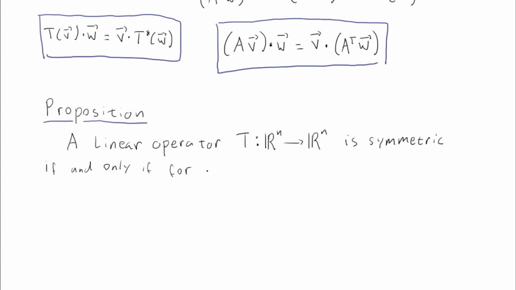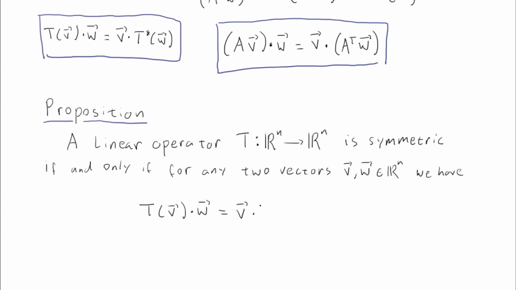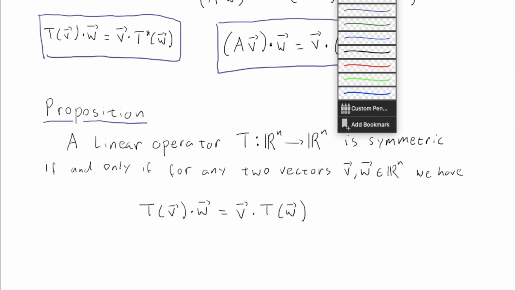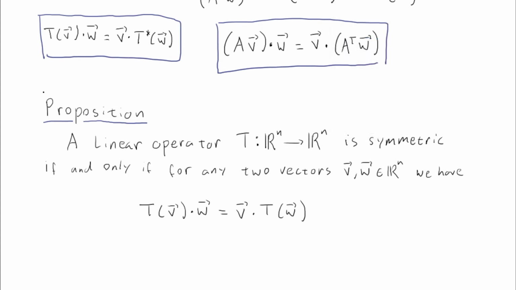for any two vectors, any choice of two vectors V and W in Rn, we have TV dot W is equal to V dot product T of W. Okay, so this is an equivalent way of describing, let me box this whole proposition, it's pretty important.